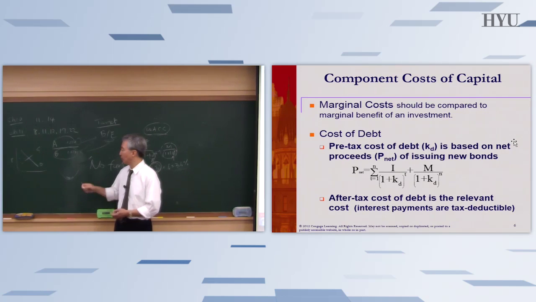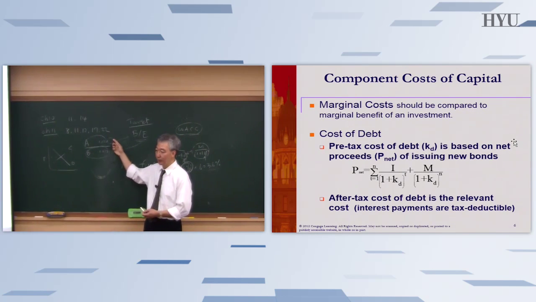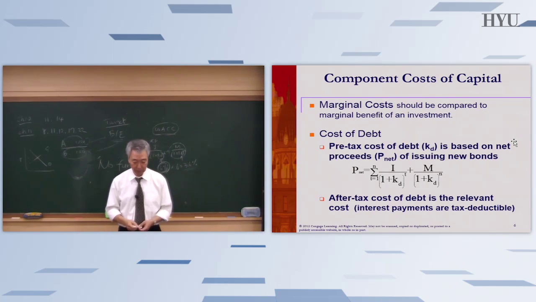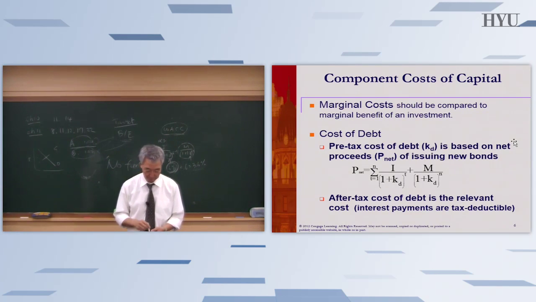What matters is the cost of your additional capital from now on. If it's 7%, well, that's probably too high to consider this new project. So you have to consider the marginal cost to the marginal benefit of an investment. Cost of debt, we already talked about it here.